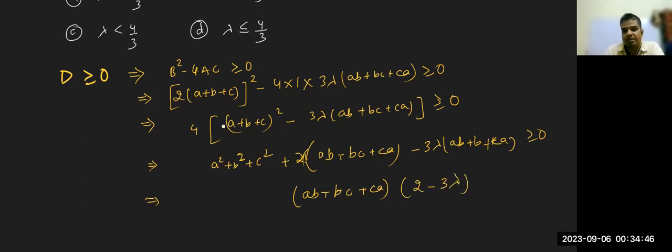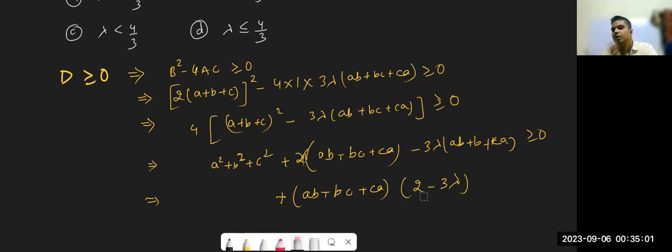But since the common is plus, if you have to change the sign, we will have to shift that. So we will not write 2 minus 3 lambda but 3 lambda minus 2, and we take the negative common from both.